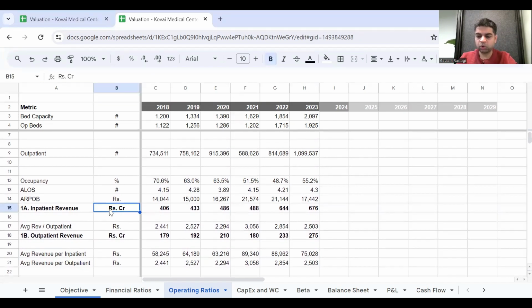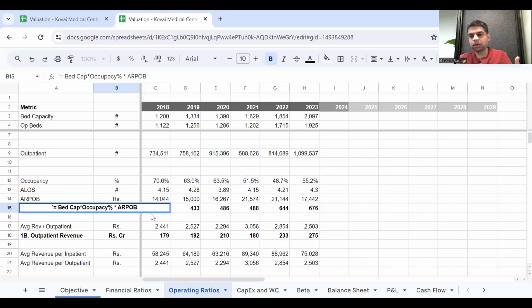Inpatient revenue, you would model using bed capacity times occupancy, so basically the portion of beds which are occupied. And this times the average revenue per operating bed would give you the revenue from all the beds for one day.